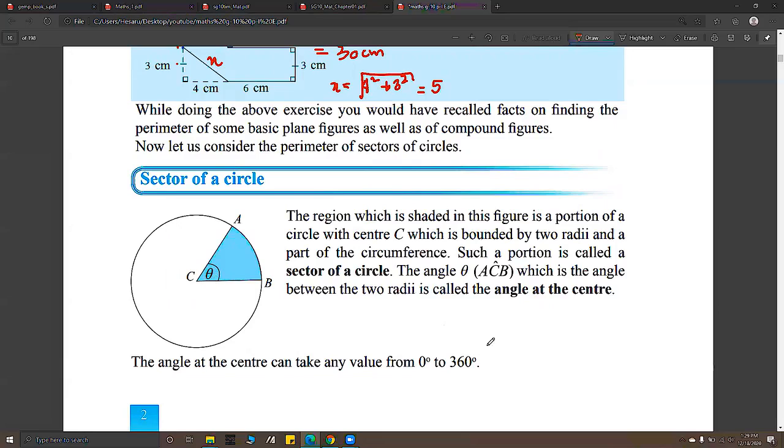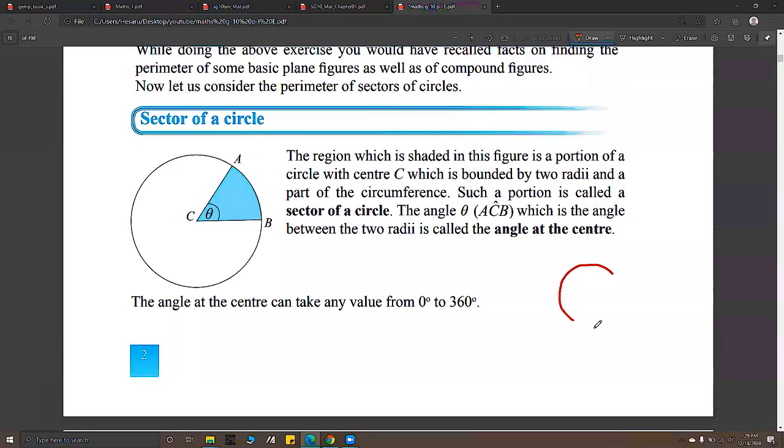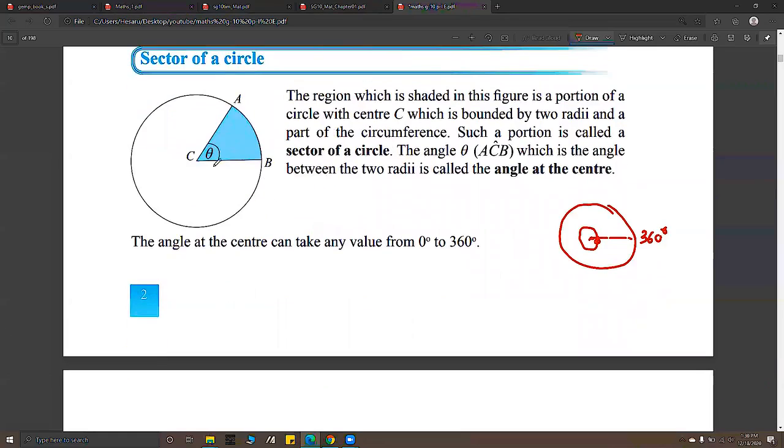If I draw a circle like this, and this is the center of the circle, the total angle around this center is 360 degrees, right? So how can we call this sector?